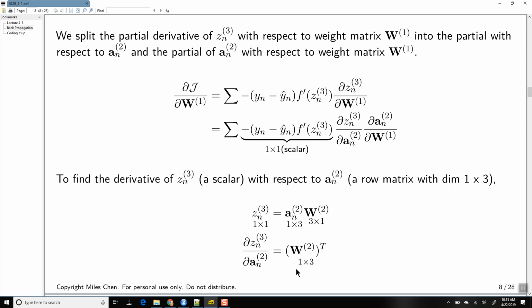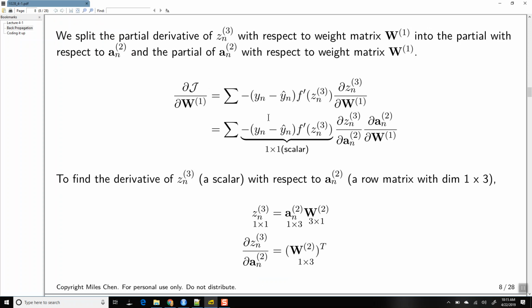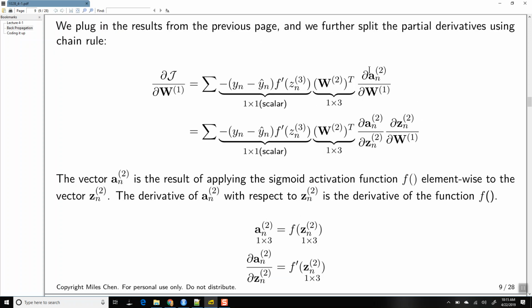I'm going to just take this value right here and plug that in right up there, okay? And so that's what I have here. So I've just replaced this with W2 transpose, and now I still need to get the partial of An with respect to W1, okay?